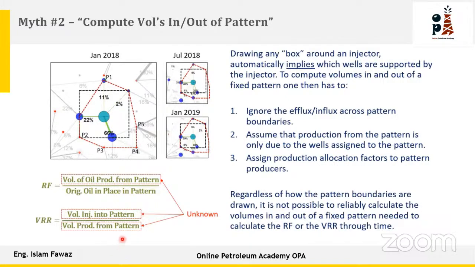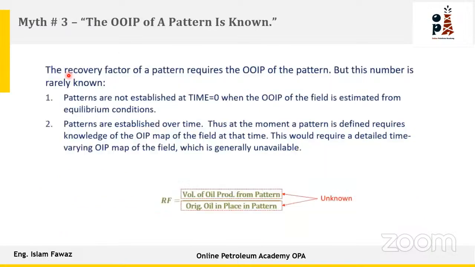And the volume produced from the pattern is unknown because you assume this pattern is constant, but actually we have some pressure sinks away from this pattern, leading to changes in the pattern. So another one: is the oil of the pattern unknown? No, because you did not start the injection from day one.